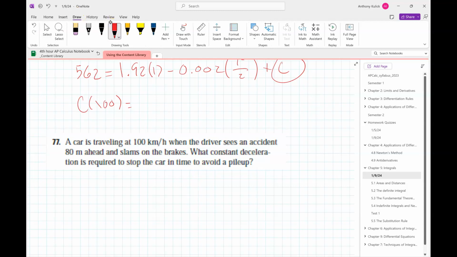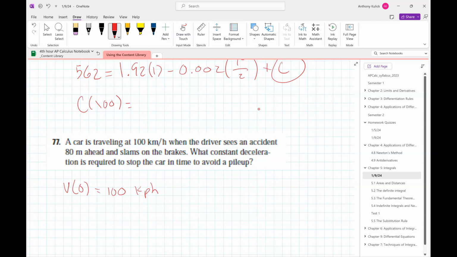Okay, a car is traveling at 100 kilometers per hour. So that's our start, right? So that's v of 0. When it sees an accident 80 meters ahead and slams on the brakes. What constant of deceleration is required to stop the car in time to avoid the pileup?